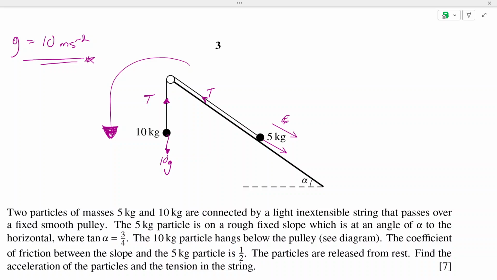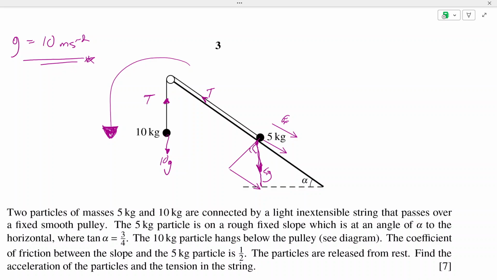So this is also the frictional force, right? And look, if I draw a line going down, we know that weight is always acting vertically down. So this is 5g. I want to find that component. If I draw that, you see, this is the component that I need.